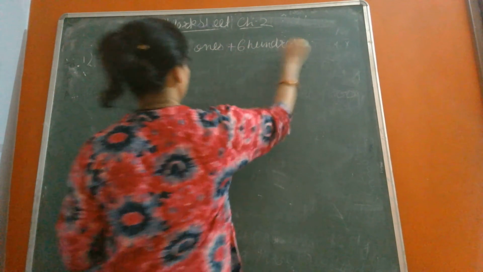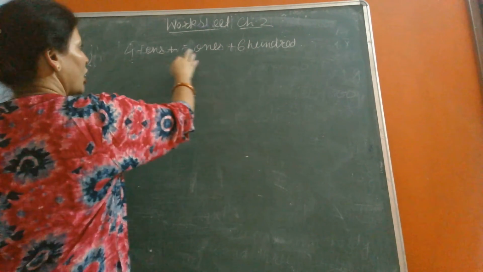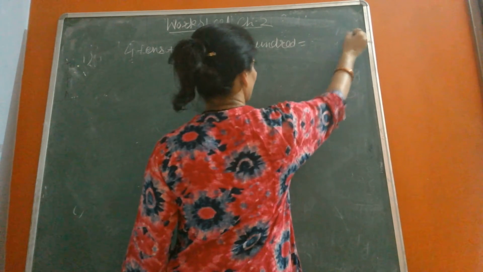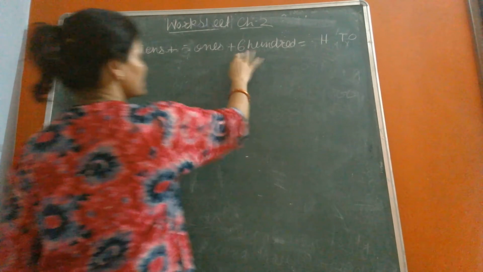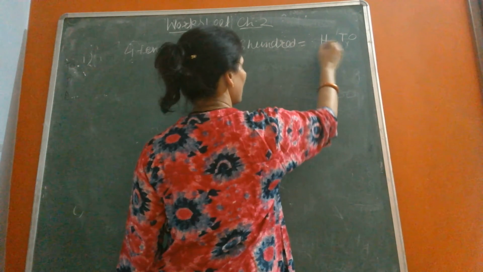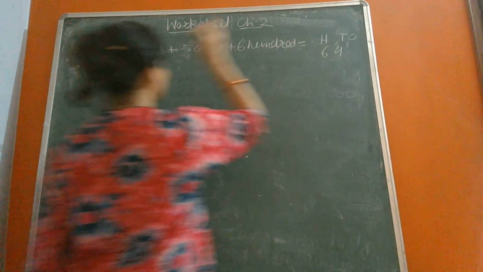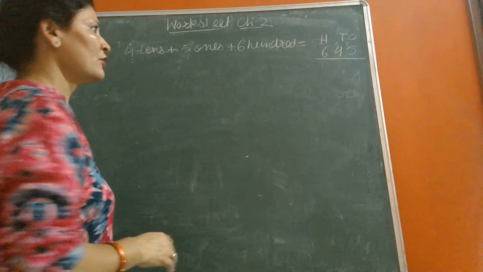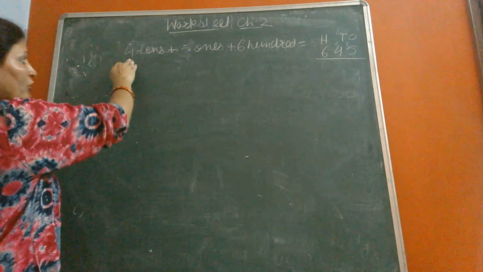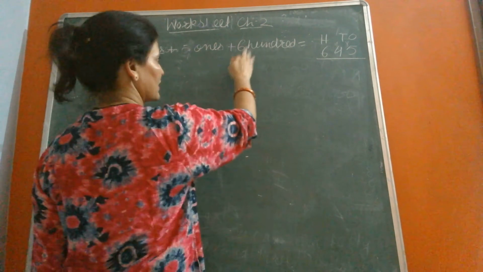Hundreds is a bigger place than ones and tens, so we will put hundreds, tens and ones places. 600 we will write below hundreds, and there is 4 tens. We will write 4 below tens, and 5 ones below ones. So the answer is 645.